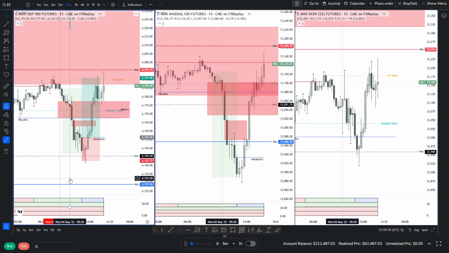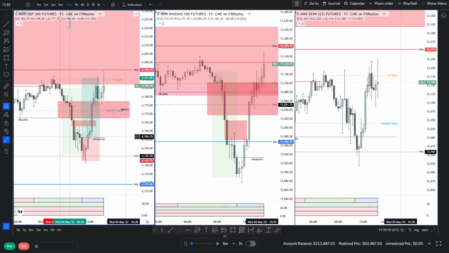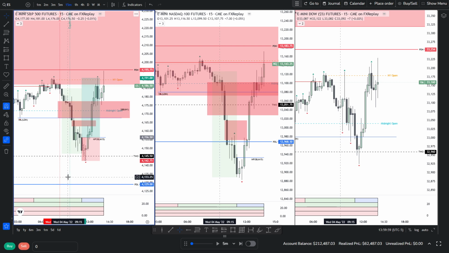You have the trading day made up of 3 sessions: the AM session, lunch, and the PM session. And obviously the 2 sessions are more high probable, but nonetheless this was a high probability setup which could have been taken on reduced risk.